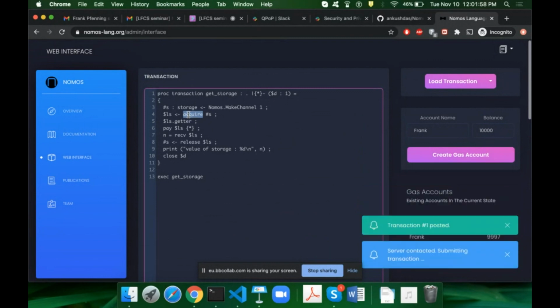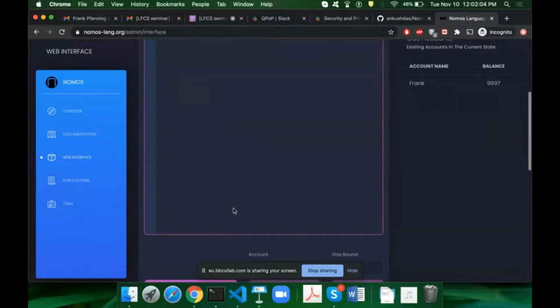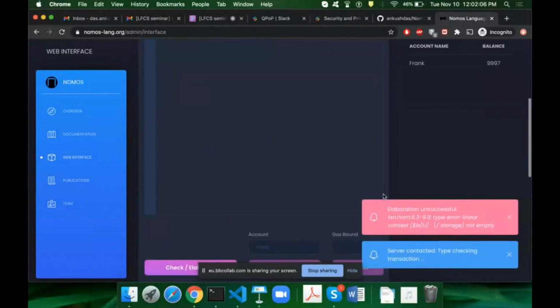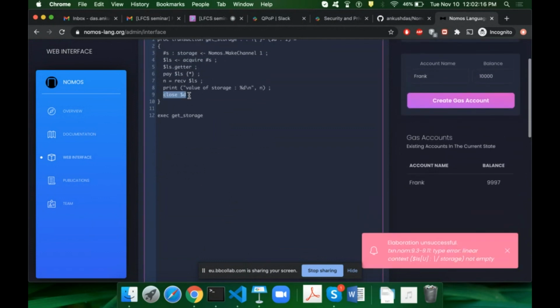Here you acquire the channel, and here you release it. Suppose I don't release that and try to type check it, it will say type error, linear context is not empty when you're terminating. So when you're trying to close, it will give you a type error.